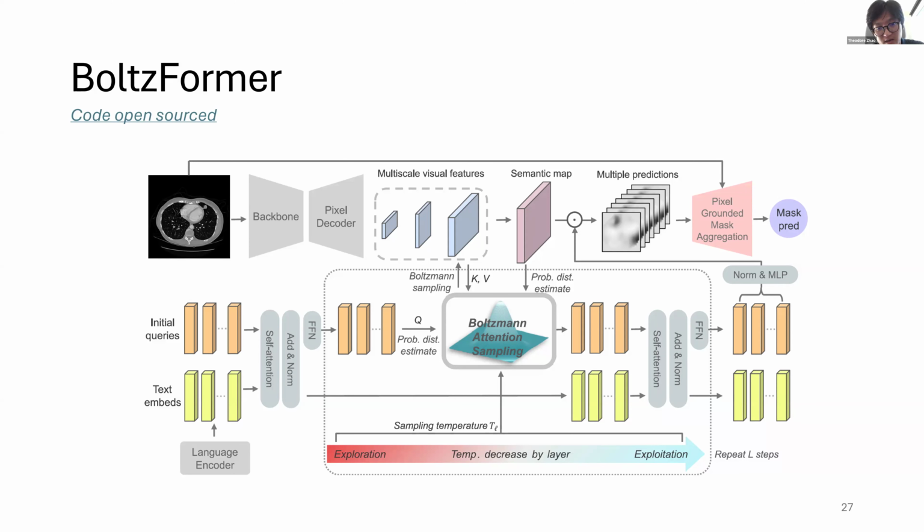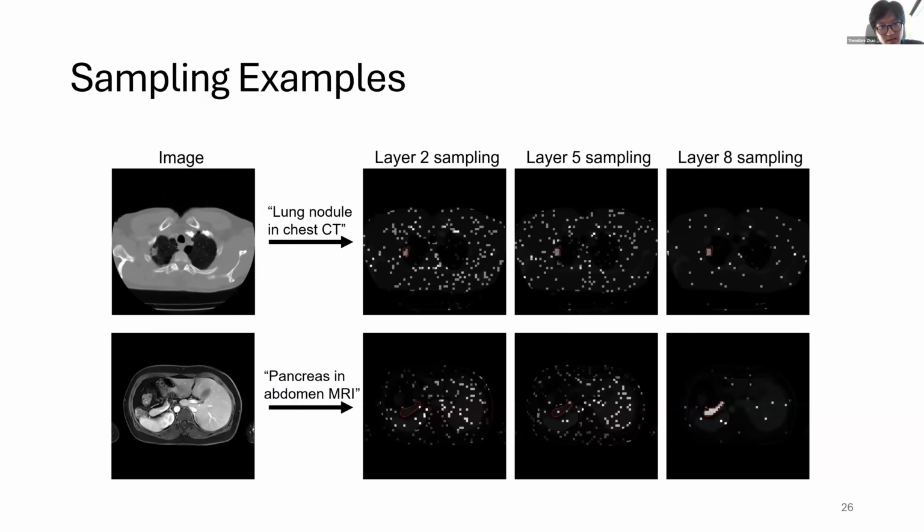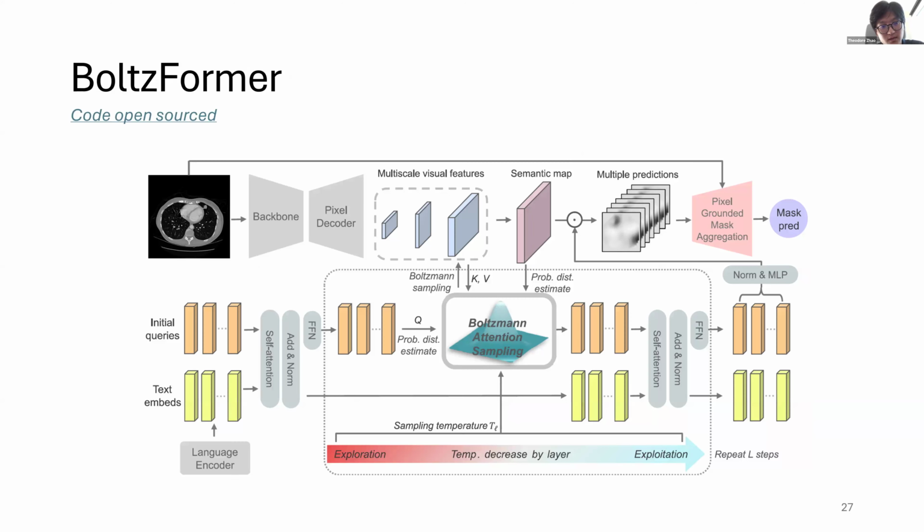And after each layer, they go through a self-attention layer to communicate information. So if one of them hits on relevant parts of the image that already have some relevant information, that information can quickly propagate through all the different queries.